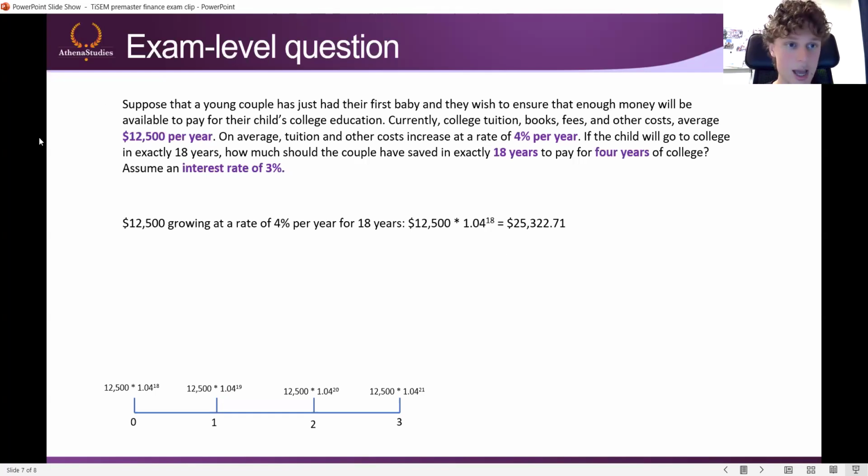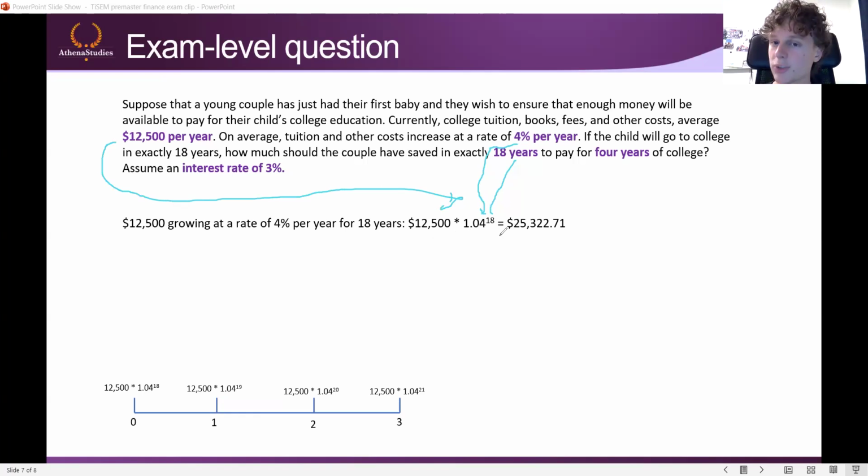In this case, n is the 18 years that have passed right here. R is the 0.04, so 1 plus R equals 1.04, of course. And C, that is, of course, our present value that we're going to turn into a future value, and that comes from here. So here you can see how all of the pieces we got from the text fit neatly and cleanly into our formula.